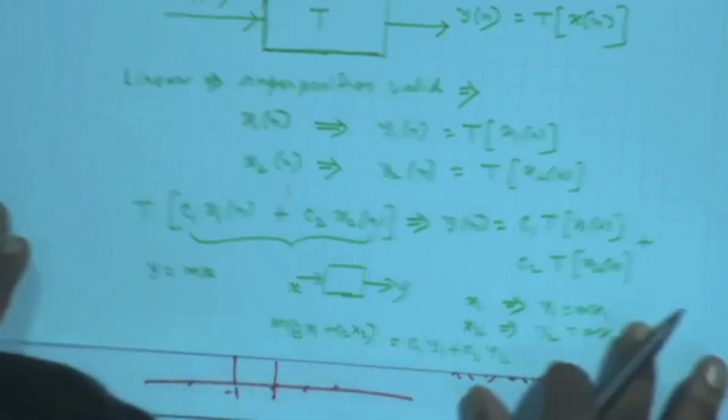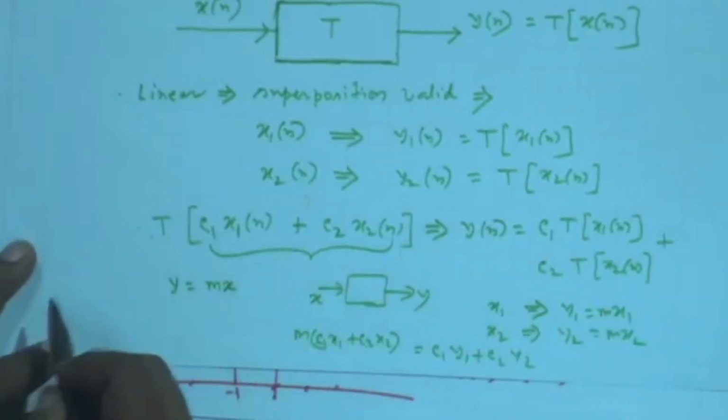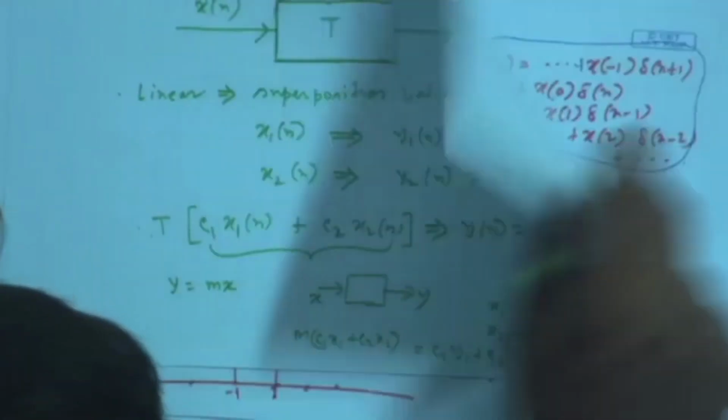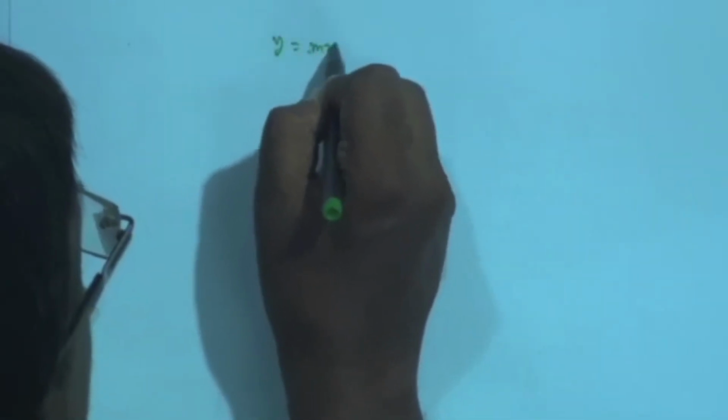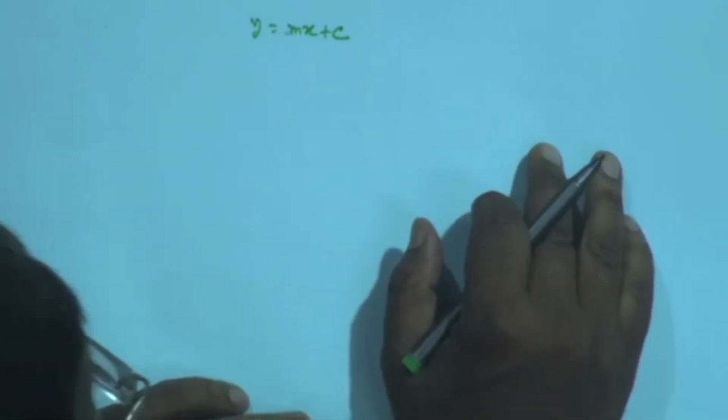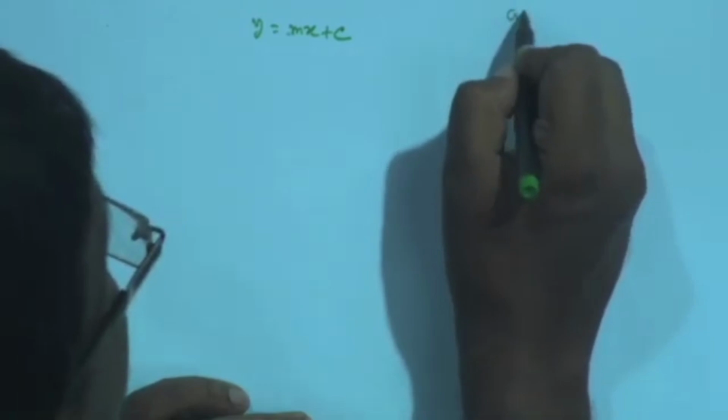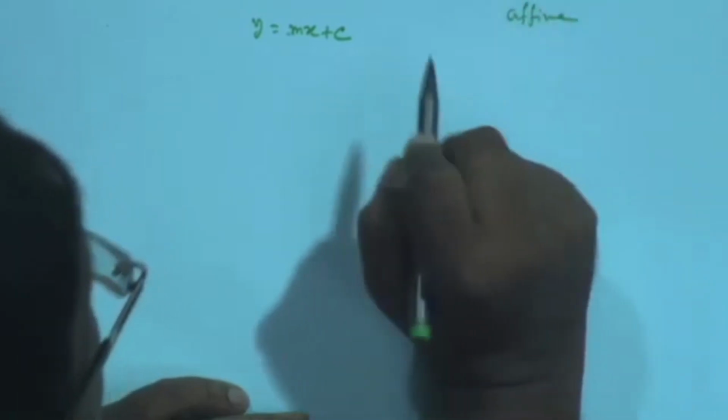So this is satisfying the superposition principle. So, y equal to mx is linear, but if I give you y equal to mx plus c, then it is not linear, though the plot will be a straight line. Technically it is not linear; it is actually called affine.